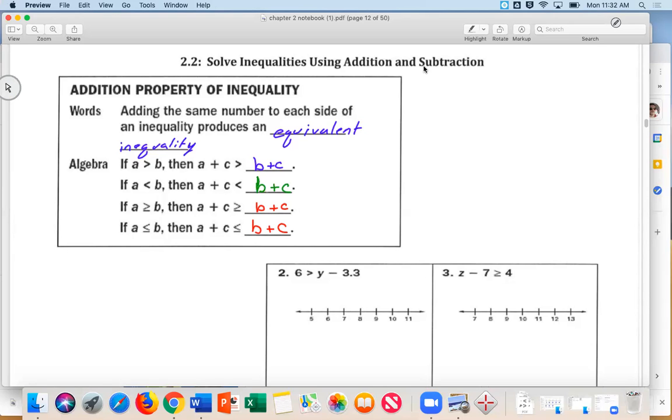Meaning, as long as I add the same thing on both sides, it's going to hold true. Are you guys all good on that?